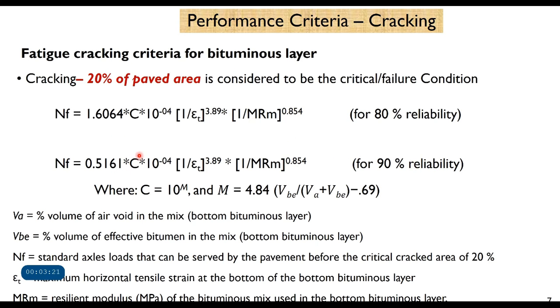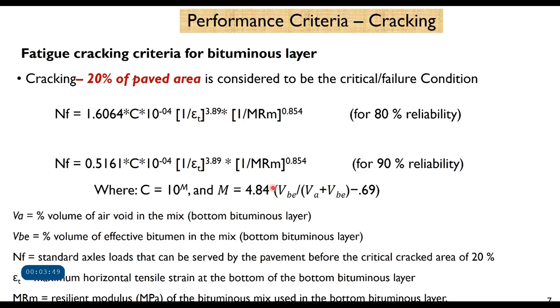Here C is a parameter which is given by 10 to the power M, and M depends upon the mix condition. And that's the departure in this code from the earlier code, that here we consider the mix design parameters also while calculating the fatigue life of a pavement. This is the effective binder content, and VA is the air voids in the mix.